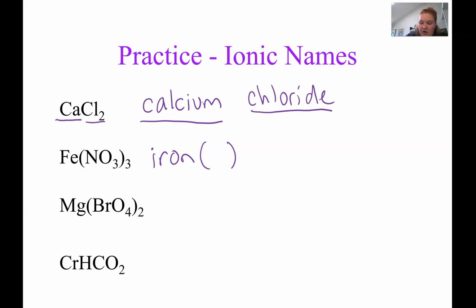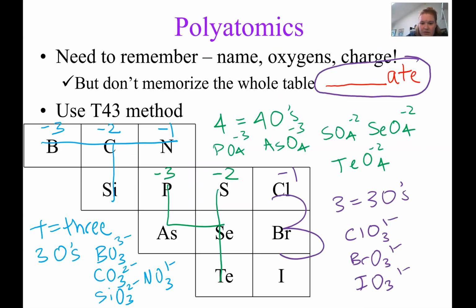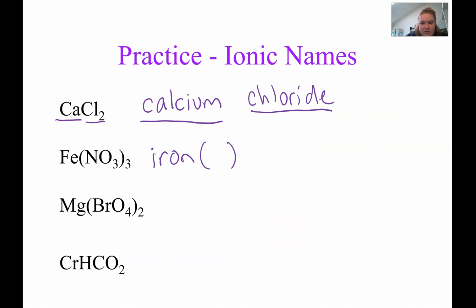So if we go back to our table and look at where NO3 is, NO3 is one of our 8s. It's one of the originals. So I know that NO3 is nitrate, and I know that it has a 1- charge.